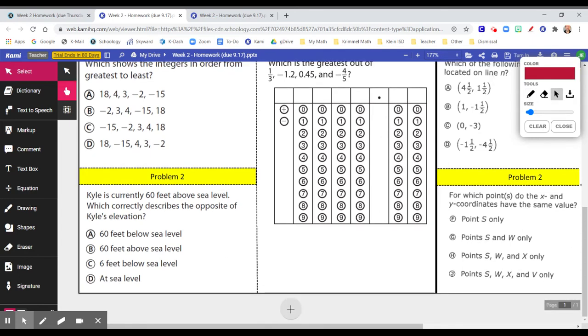Number 2, Kyle is currently 60 feet above sea level. Sea level is 0, so let's label that. That means you're not above the water or below the water, you're right at the water level. So sea level is 0. If it's above, that means we're going in the positive direction. So we got positive 60. Which one describes the opposite?